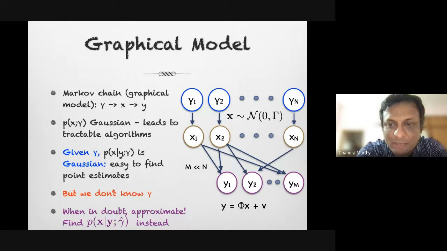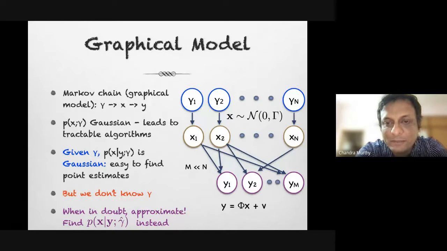Okay, so we are actually interested in estimating the parameter x, and it has a prior distribution which is Gaussian with 0 mean and covariance matrix capital gamma, which is basically this gamma 1, gamma 2 up to gamma n written along the diagonal of a matrix. So capital gamma is a diagonal matrix, and it contains gamma 1, gamma 2 up to gamma n along the diagonal.